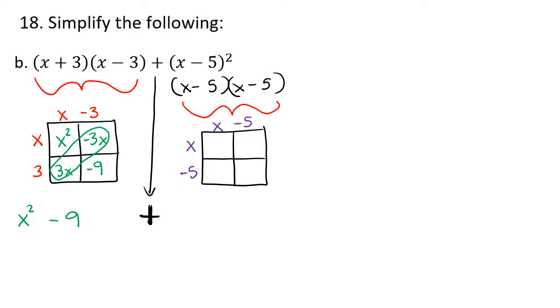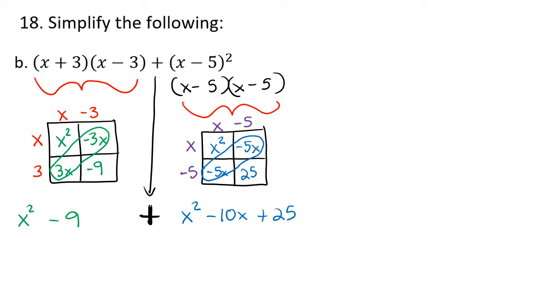We do the same thing for the other box when we multiply the x minus 5 times the x minus 5. x times x is x squared. x times -5 is -5x. -5 times x is -5x. -5 times -5 is 25. We do have like terms here. So we'll have x squared, -5 minus 5 more is -10. So we have -10x plus 25.